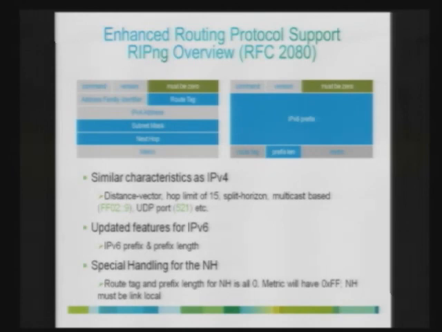And if there is a route table entry with a metric of FF, what that says is it is actually carrying the next hop address, not a destination route itself. And also the route tag and prefix length would be 0 in that case. So any route following that next hop would be the actual route updates corresponding to the next hop. So that is how the next hop is handled in RIP-NG.